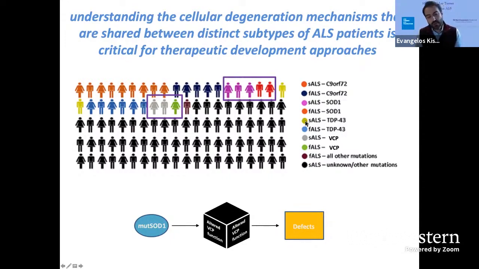This is important because a potential therapeutic targeting VCP, which could be relevant for VCP individuals, could have some therapeutic implications for SOD1 patients. Last but not least, an outstanding question which we're always interested in addressing is whether any of these have any relevant sporadic patients? And this is something that we're also investigating.